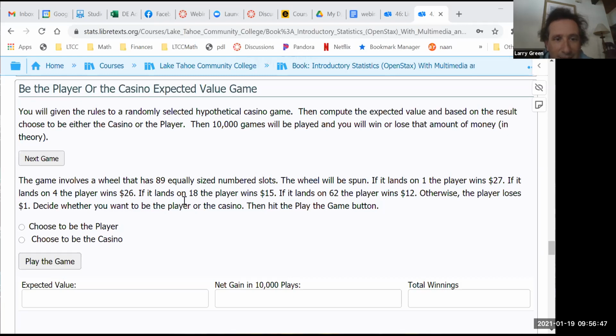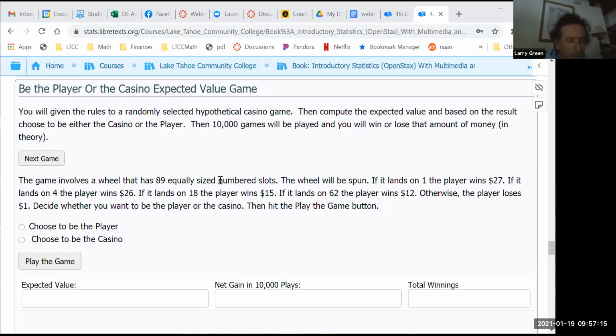If it lands on 18, the player wins $15. If it lands on 62, the player wins $12. Otherwise, the player loses $1. So we're going to eventually decide whether we want to be the player or the casino. Any questions on the question?